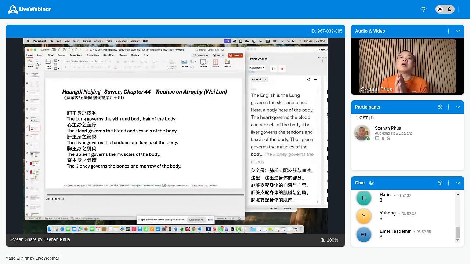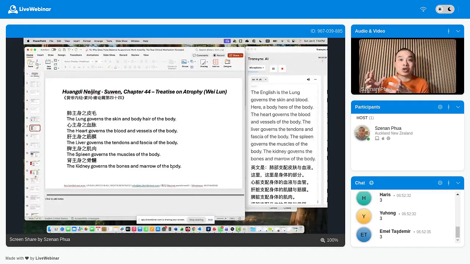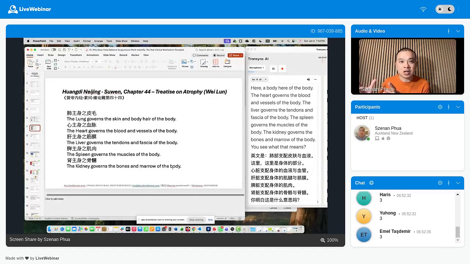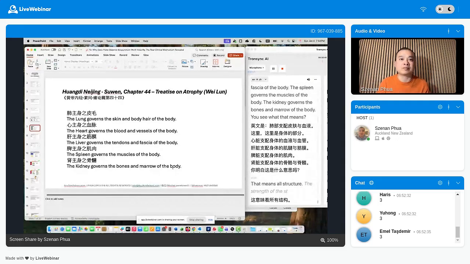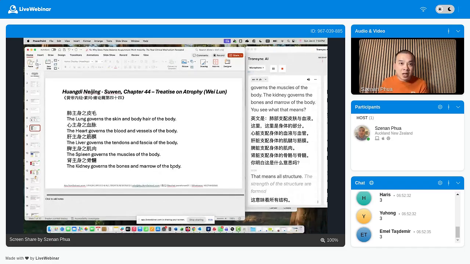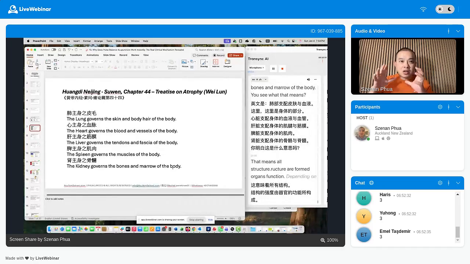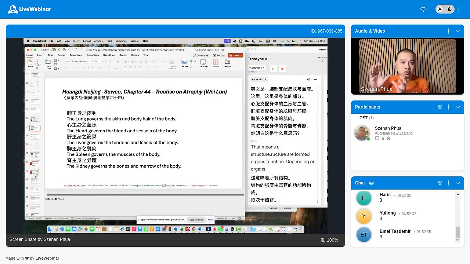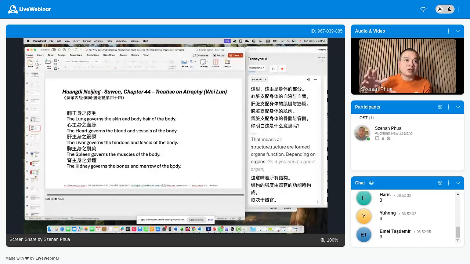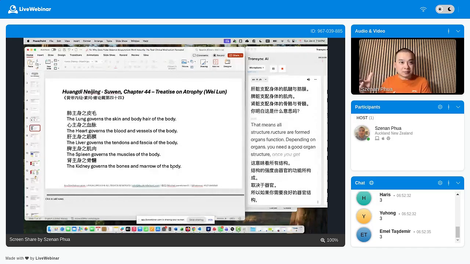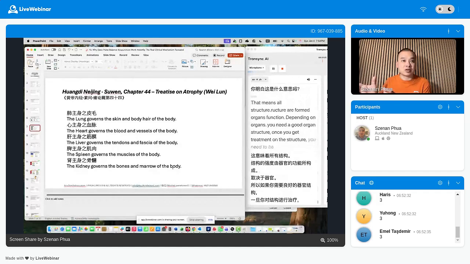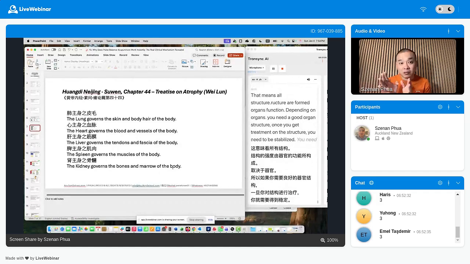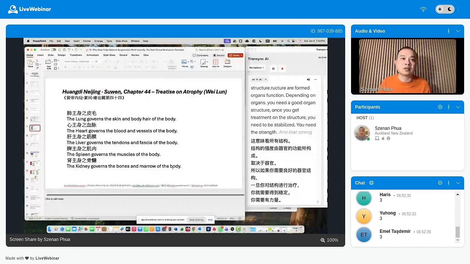That means all structure, the strength of the structure, comes from organ function and depends on the organs. So if you need good structure, once you get treatment on the structure, you need it to be stabilized. You need the strength, and that strength is from organs.